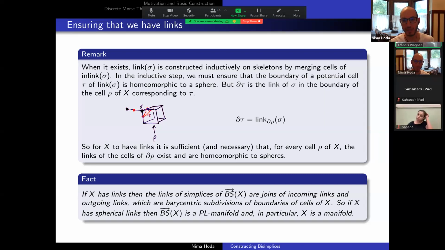And the reason is because links in the barycentric subdivision are joins of incoming links and outgoing links. And I can give a little example of that.